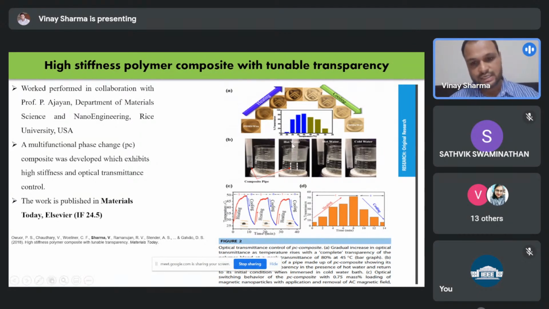When these magnetic particles are in the nano regime, they show Néel relaxation. There is a phenomenon in physics called Néel relaxation. By this phenomenon, they start heating up, and once they heat up, the wax melts down, and once the wax melts down, this logo becomes transparent.